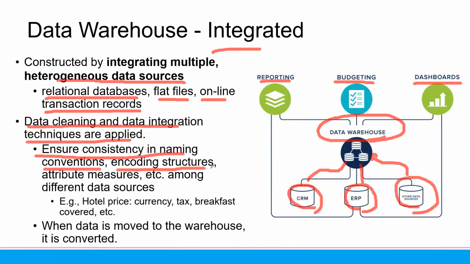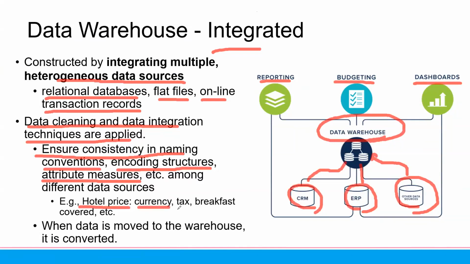And then there can be some encoding structures or attribute measures. Last time I mentioned to you, in Korea, we measure length with centimeters or meters. If you go to the US or the UK, they use feet and inches. So they have different measures. Or for example, the hotel price. If you want to travel abroad, to the US, then you need the currency of US dollars, so we need to have the currency exchange.